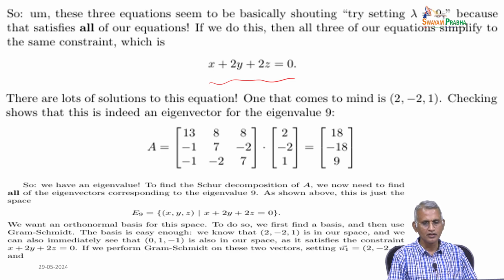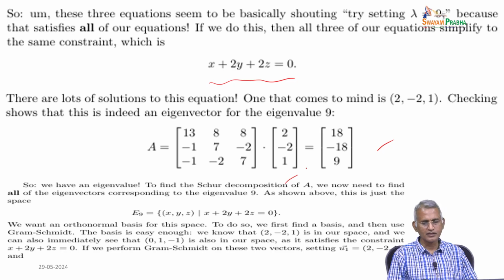With x equal to 2, y equal to minus 2 and z equal to 1, and choosing the eigenvalue as 9, the corresponding values will be 18, minus 18, 9. So, multiply with this. This is a technique we can use. So, we have an eigenvalue.